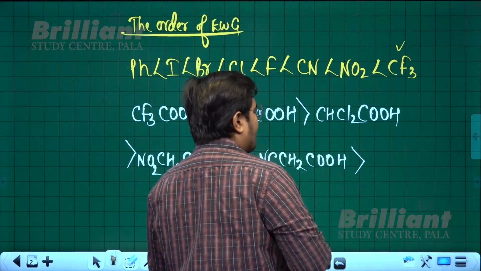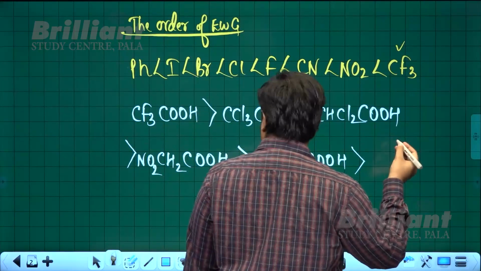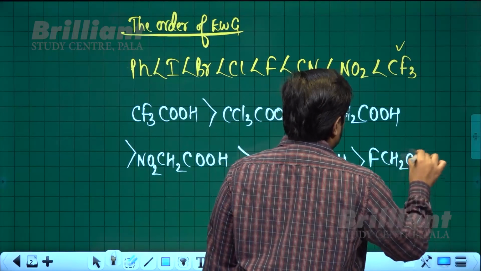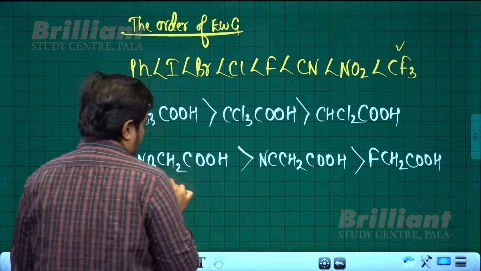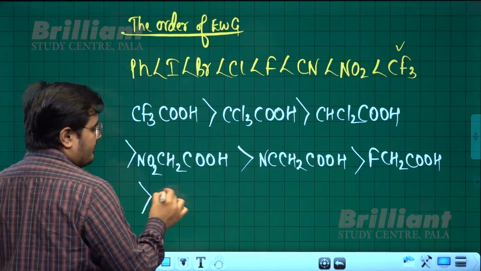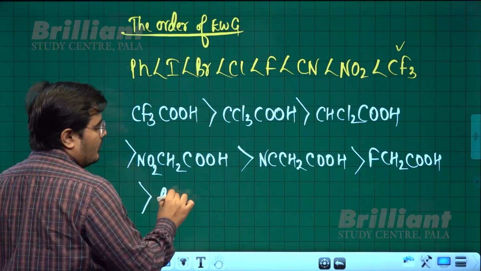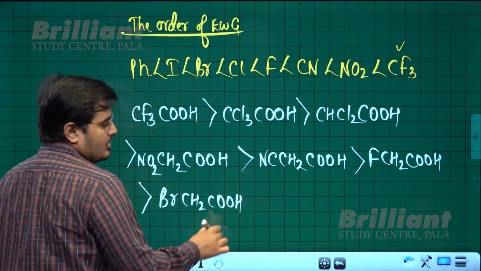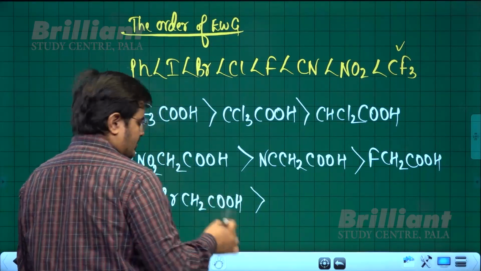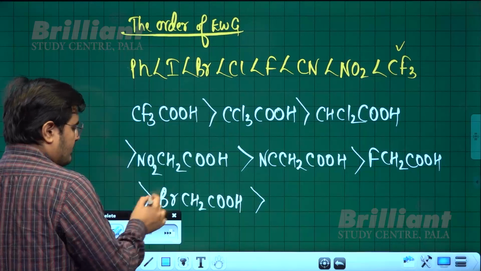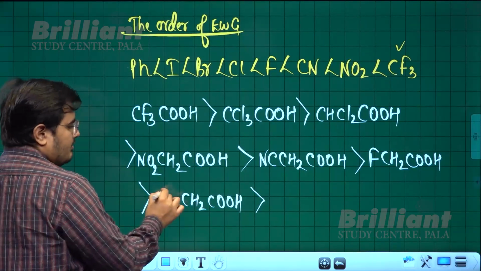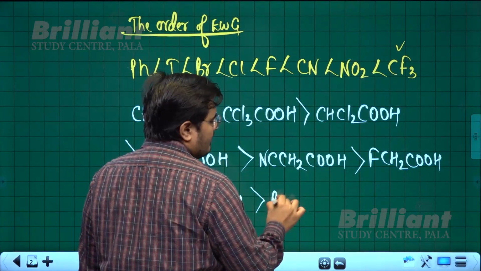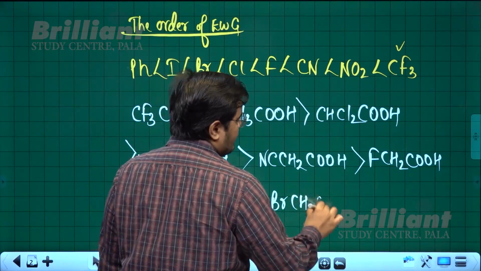After this, the one having the next higher acidity will be FCH2COOH, then it's going to be ClCH2COOH. After this, before bromine you will have chlorine CH2COOH, and then after this you will have BrCH2COOH.